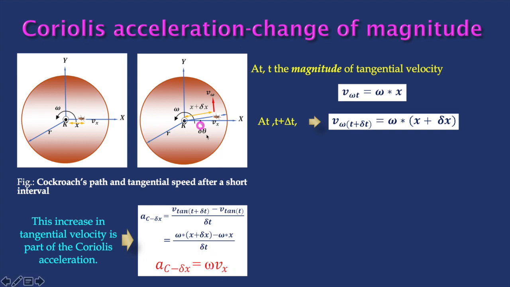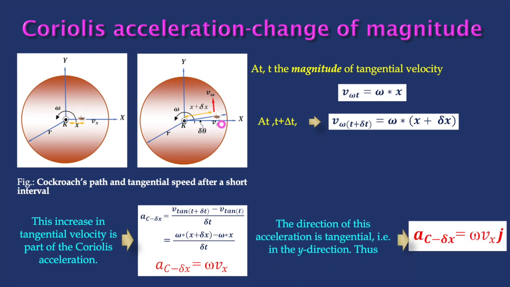Now the cockroach is not necessarily only moving in x direction. If the cockroach is moving in y direction rather than x, then we get the y component of this acceleration. I repeat, as the cockroach is moving in x direction, we get AC del x. Why is this direction j?